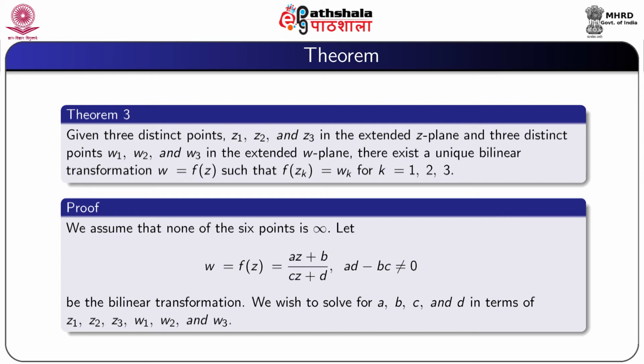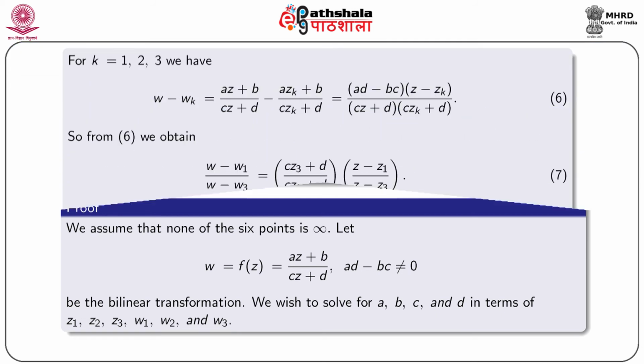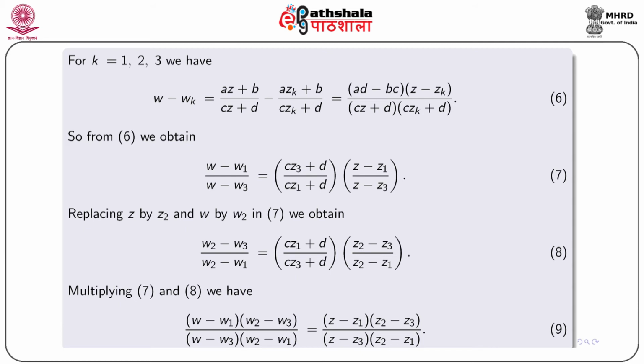We wish to solve for A, B, C and D in terms of Z1, Z2, Z3, W1, W2 and W3. For k equal to 1 to 3, we have W minus Wk equal to (Az plus B) by (Cz plus D) minus (Azk plus B) by (Czk plus D), which gives after simplification (AD minus BC) into (Z minus Zk) by (Cz plus D) into (Czk plus D).